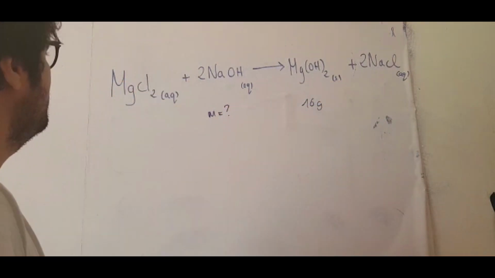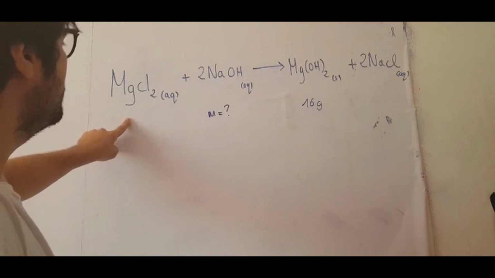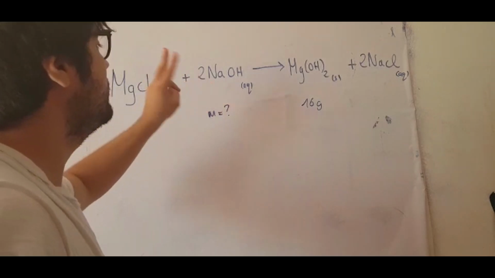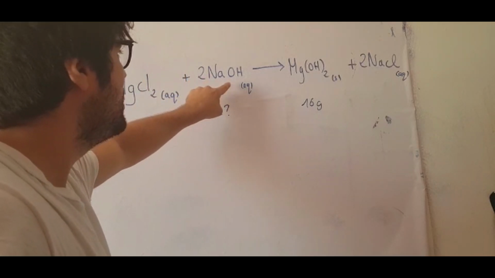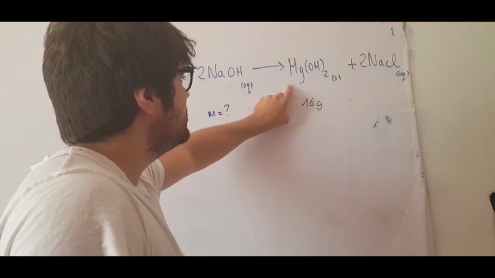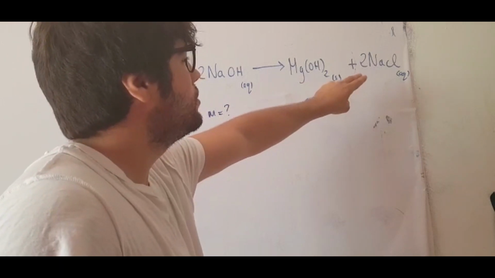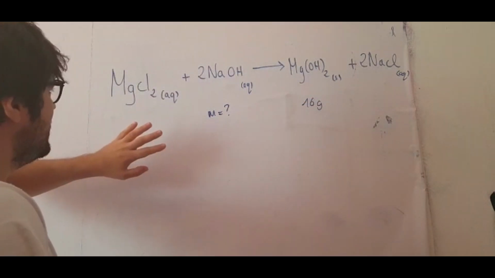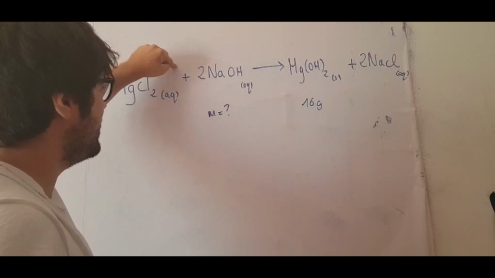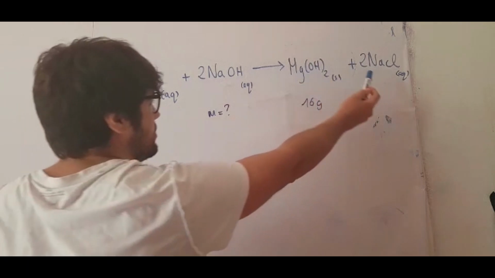So what this is telling me is that 1 mole of magnesium chloride, with 2 moles of sodium hydroxide, is going to give me 1 mole of magnesium hydroxide with 2 moles of sodium chloride. This means that if I mix these two together with this proportion, I will get this.